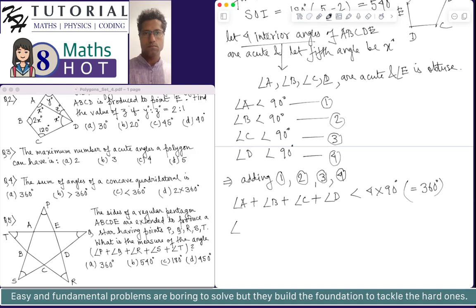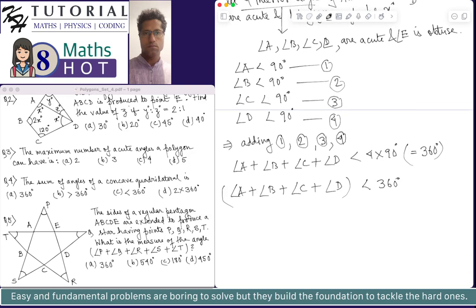So we have angle A plus angle B plus angle C plus angle D coming out to be less than 360 degrees.